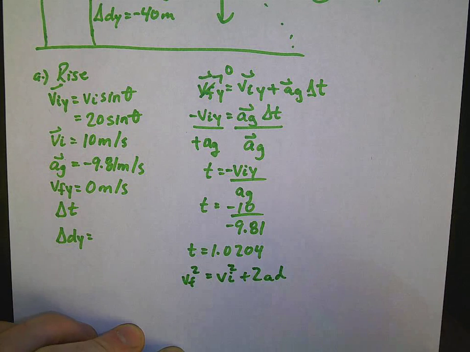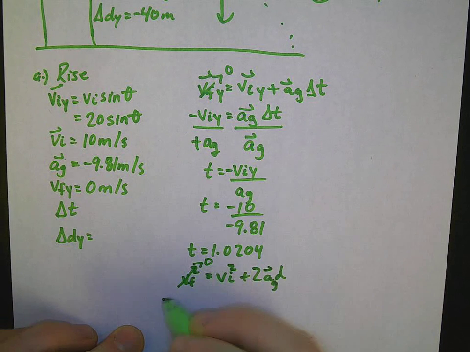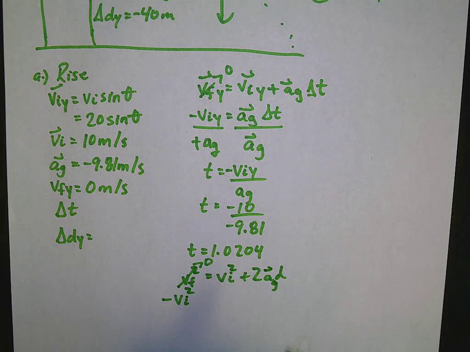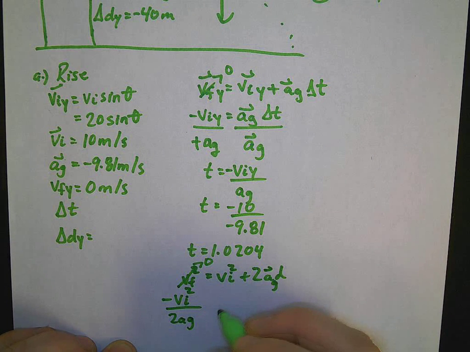Similarly as before, Vf is 0, so I have negative Vi squared, and if I do some quick manipulations, that will tell me that that will be divided by 2ag, and that will be my total displacement.